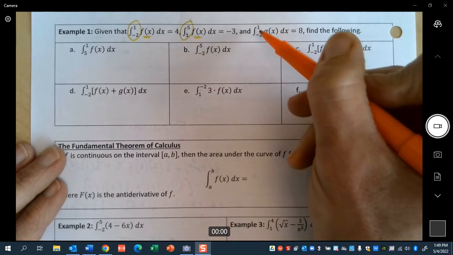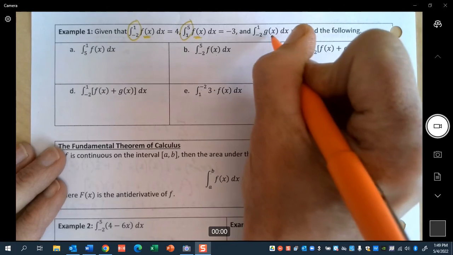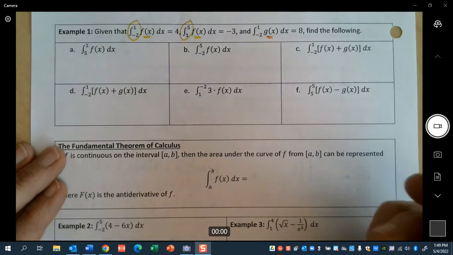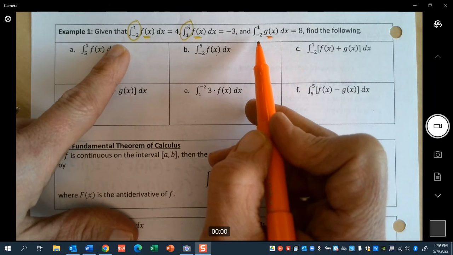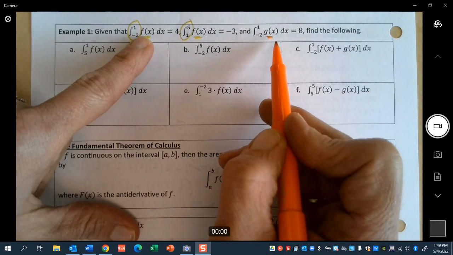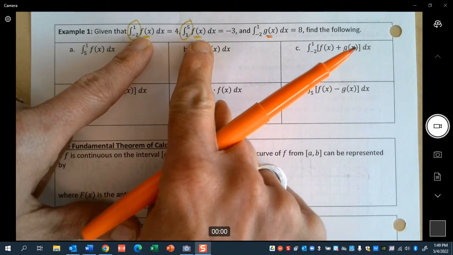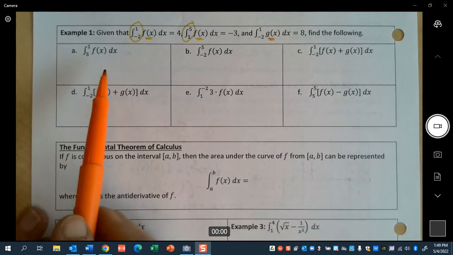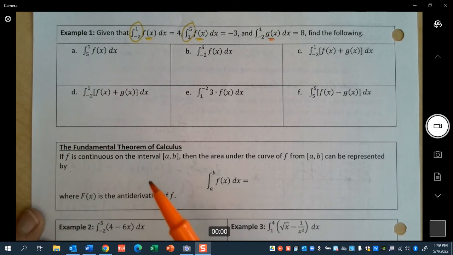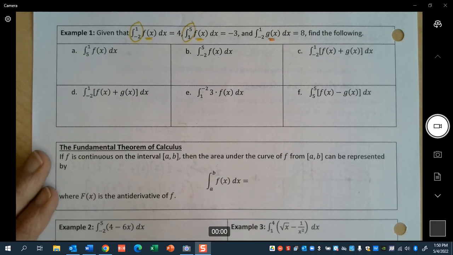Over here from negative 2 to 1 of g is going to be 8. So same interval, different function, same functions, different intervals. So what we can do here is use each of those properties that we did before, or that we just have on the other side, and figure out what it is they want us to do.